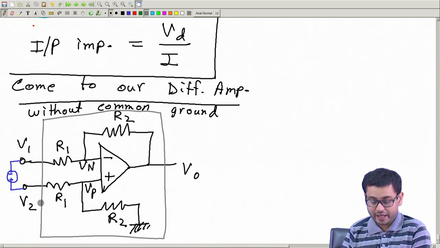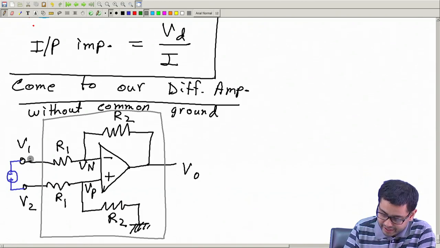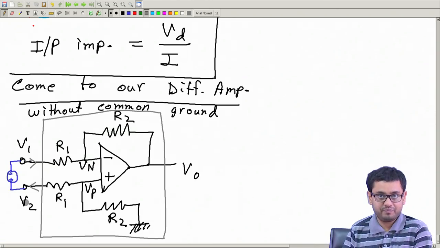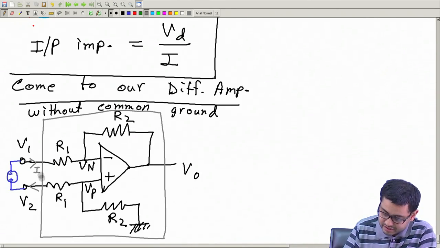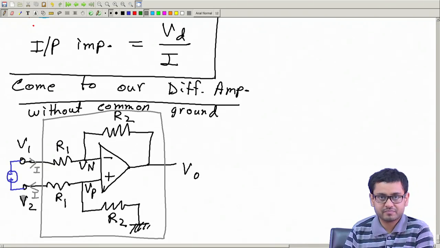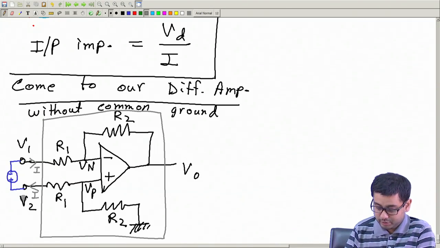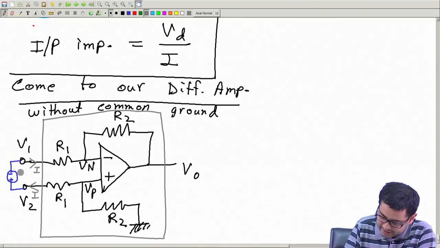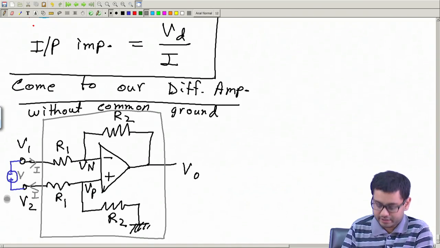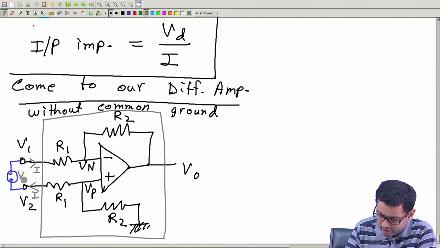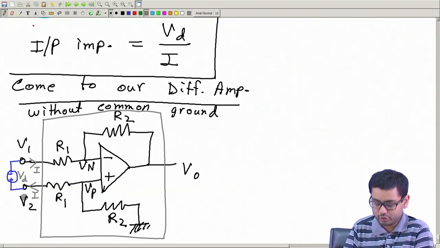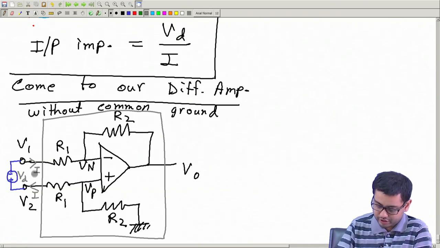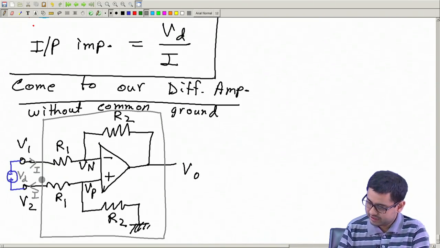Then of course you can immediately recognize that these two currents here and here must be the same. If this is I, the same current must come back, because of the conservation of charge. Now if I call this voltage VD, or VI, I for input, or D for difference between these two, whatever.